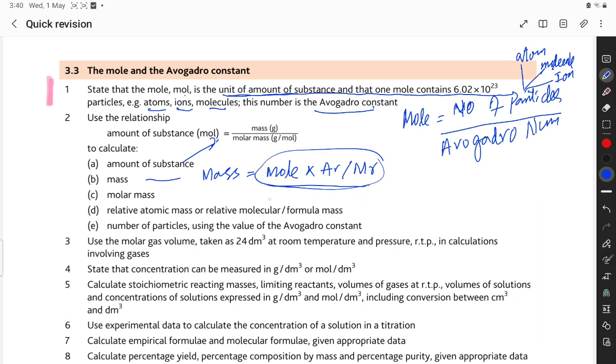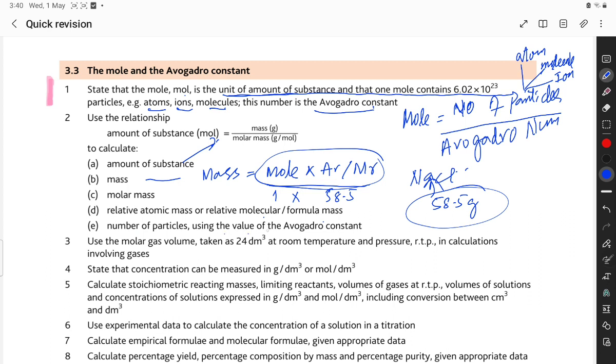For example, 1 mole of sodium chloride, NaCl. Calculate the molar mass: 1 mole into 58.5. So 58.5 gram is the molar mass of sodium chloride. Relative atomic mass, relative molecular mass, again these definitions are very important.